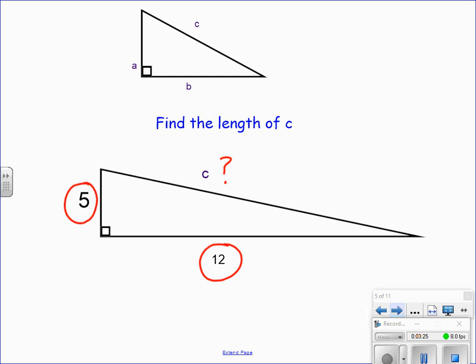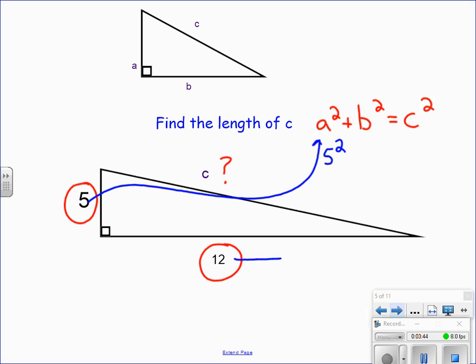All right, so we're going to take the formula, a squared plus b squared equals c squared, and I'm going to plug in the numbers that I know. 5 is going to go here, 5 squared. 12 is going to go here, 12 squared. And that equals c squared. C is the unknown value that we're trying to find.